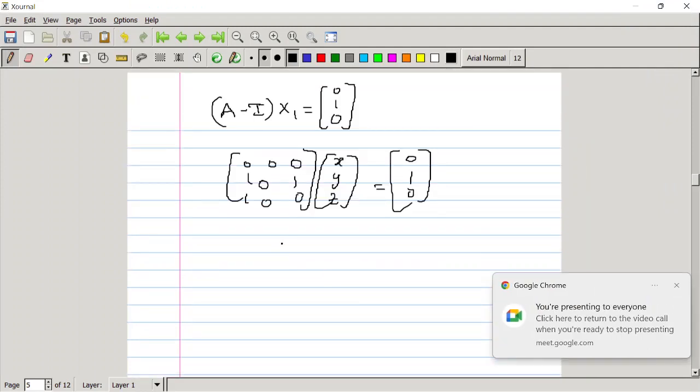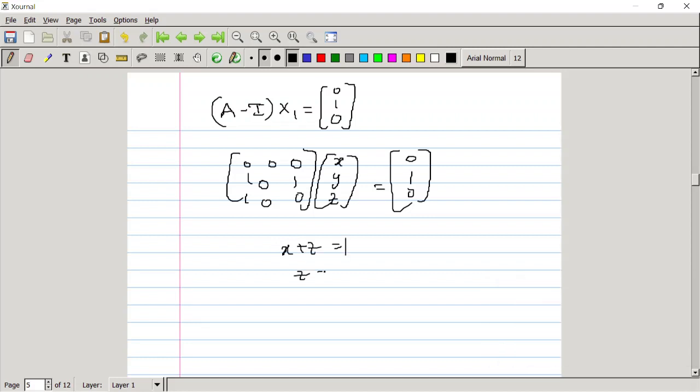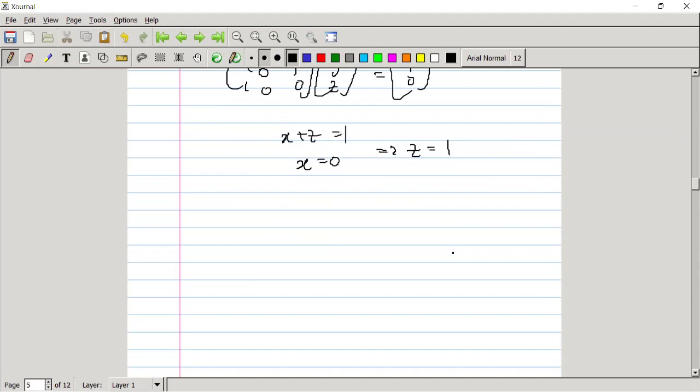These equations are x plus z equal to 1 and x equal to 0, so we get z equal to 1. So the eigenvector is x is 0, y equal to 1, z equal to 1. So we got one more eigenvector.